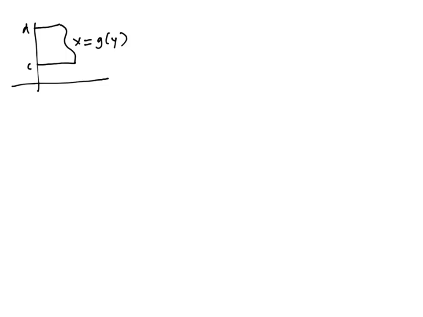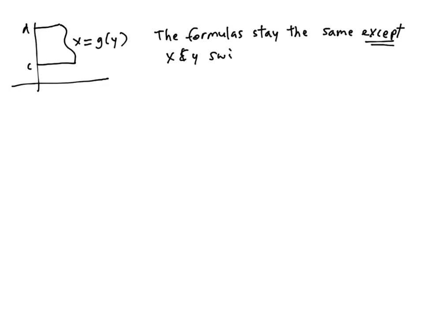So everything we did before, the formulas stay the same, except x and y switch roles. This actually means that the x formula becomes the y formula and the y formula becomes the x formula.